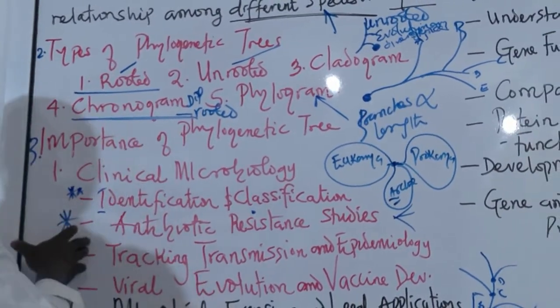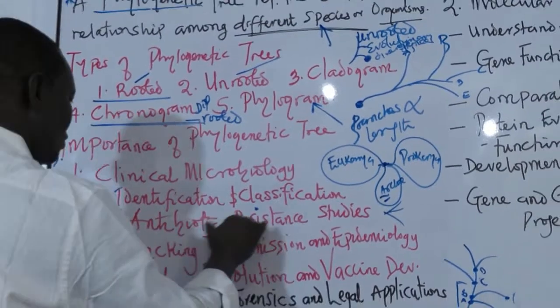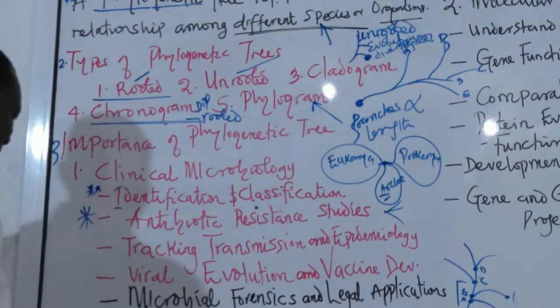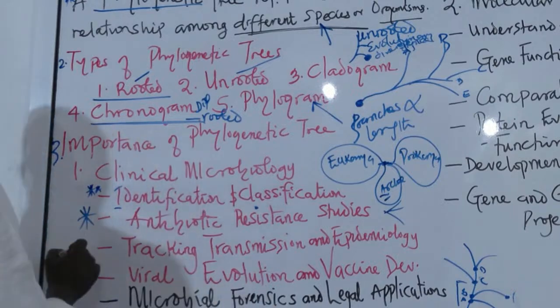So the use of a phylogenetic tree also continues when you apply it in the determination of antibiotic resistance.